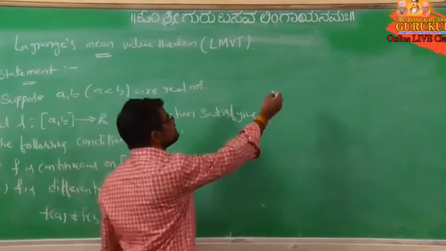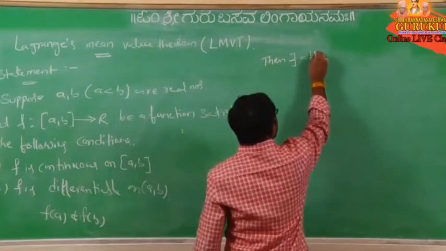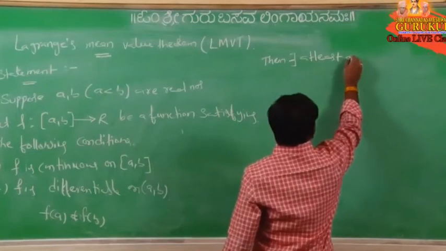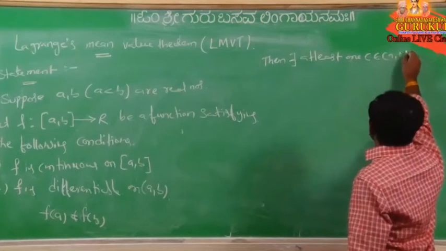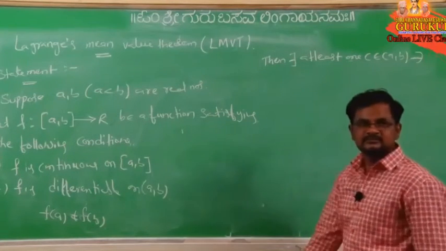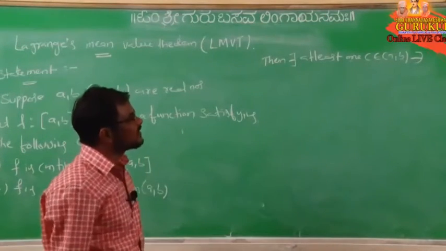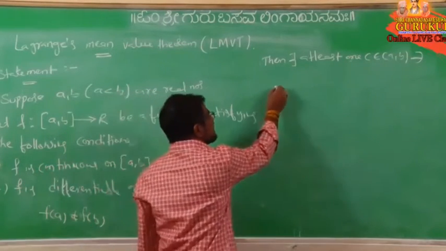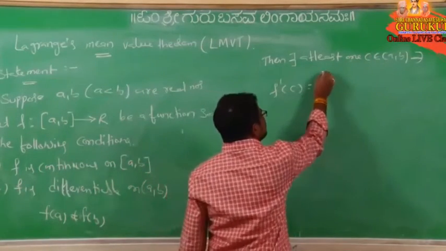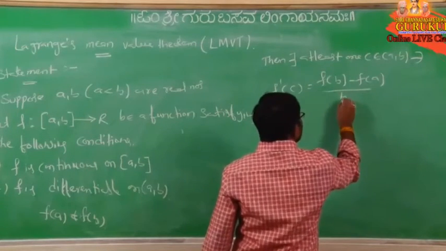Then there exists at least one point c belonging to (a, b) such that f'(c) equals (f(b) minus f(a)) divided by (b minus a).